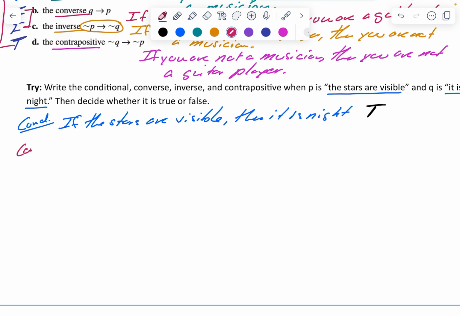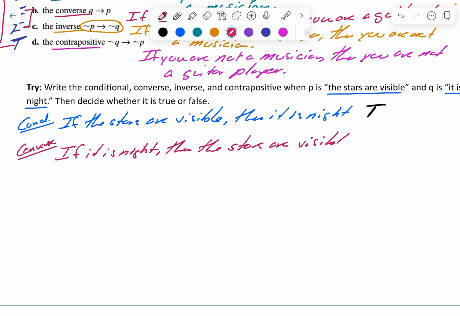The converse is if it is night, then the stars are visible. Well, just because it's nighttime doesn't mean we can always see the stars. It could be cloudy or something else, so I'm going to say false.